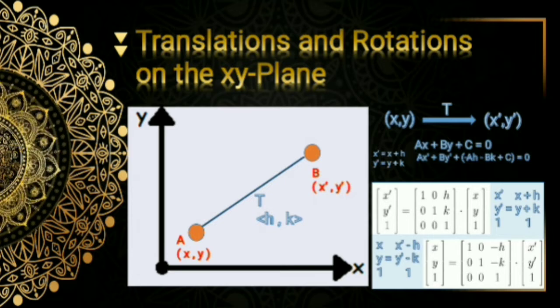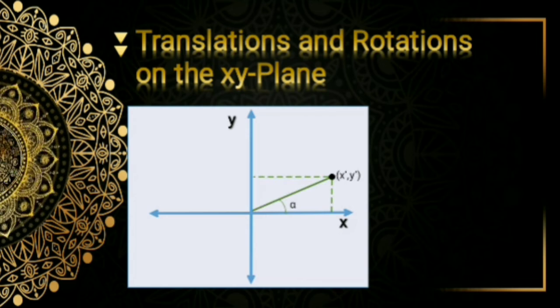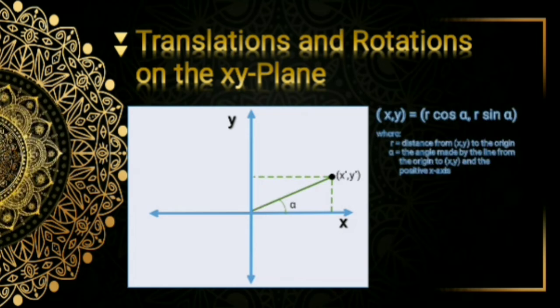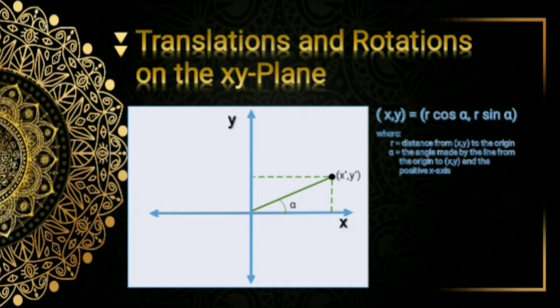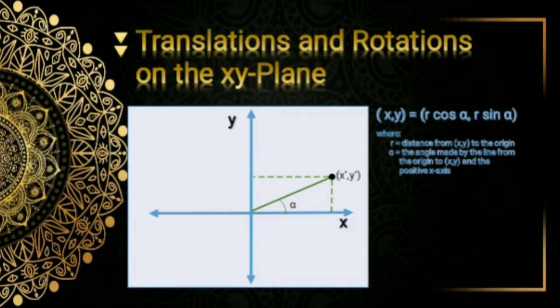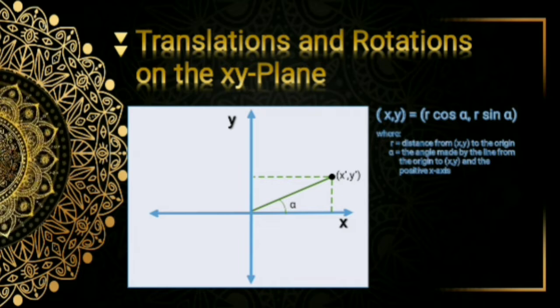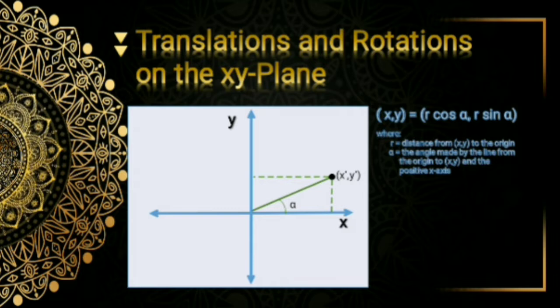Now consider what happens when we take a point xy and rotate it by an angle of theta. Using polar coordinates, we can write xy equals r cos alpha, r sin alpha, where r is the distance from x and y to the origin, and alpha is the angle made by the line from the origin to xy and the positive x-axis.